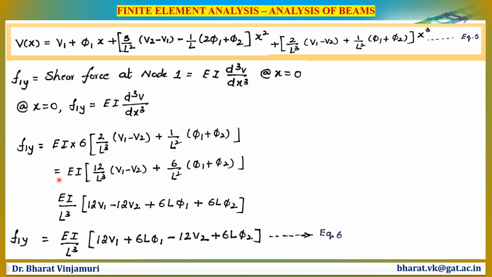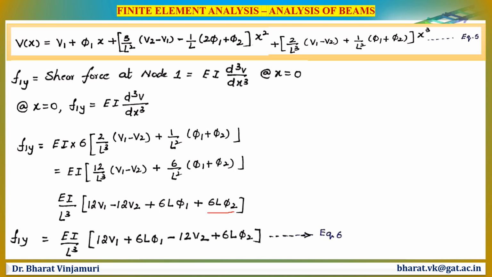Once 1 divided by L cube has been taken out, it will be left with 12 v1 minus 12 v2 plus 6L phi 1 plus 6L phi 2. These are the equations which you will be getting.